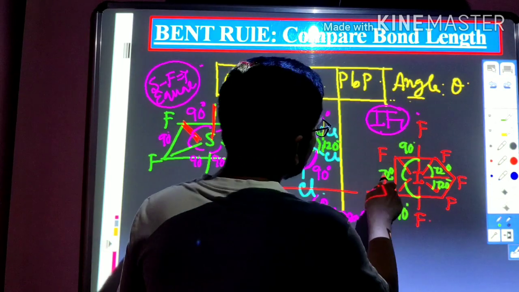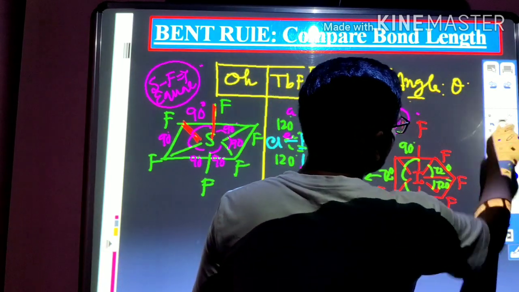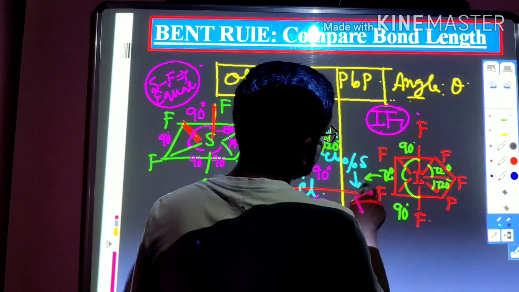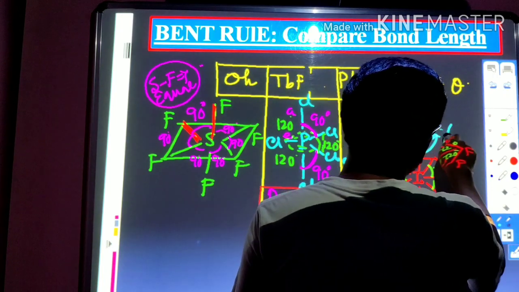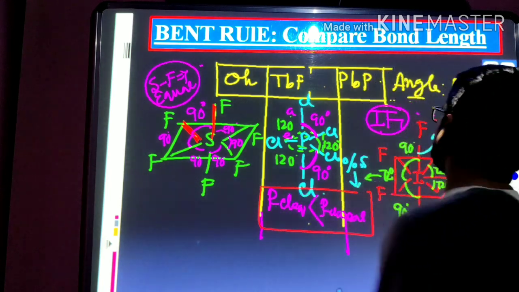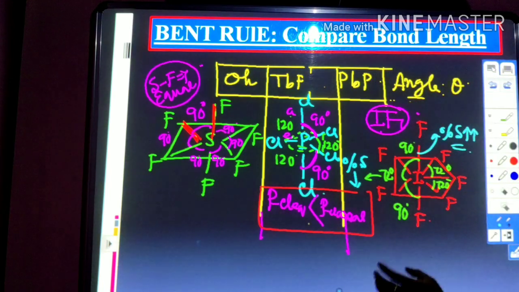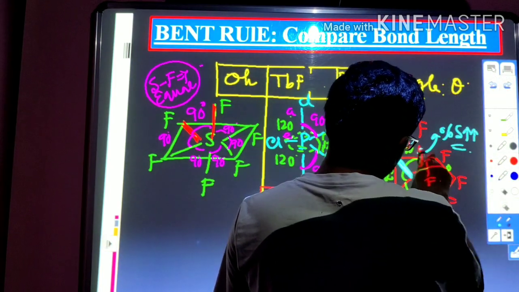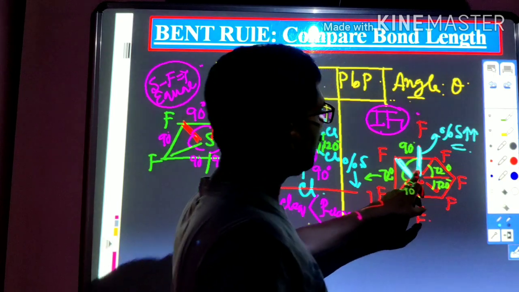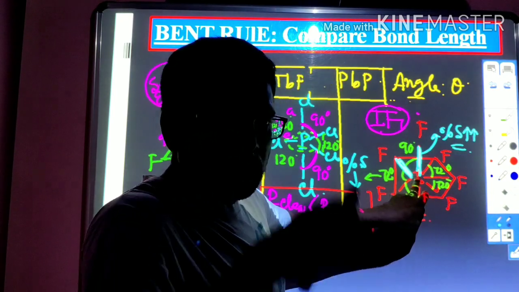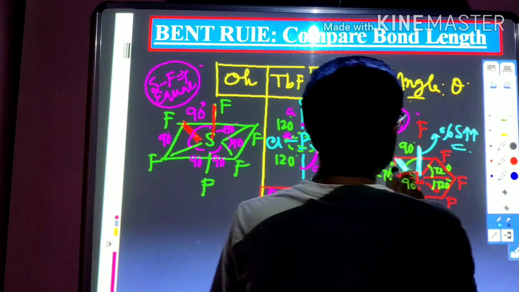72 degree means here the percentage of S character is less, and here the percentage of S character is more. So if we compare this IF bond and this IF bond, what will happen? This IF bond length will be shorter compared to this one.